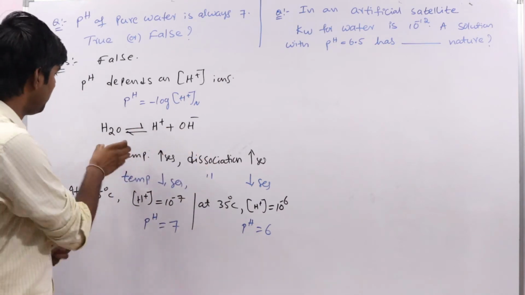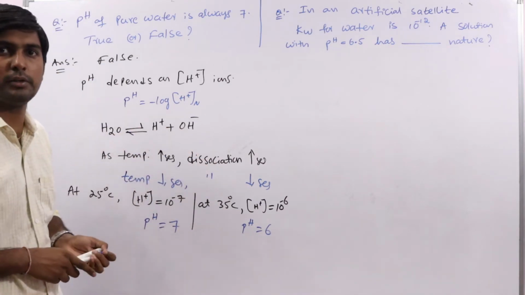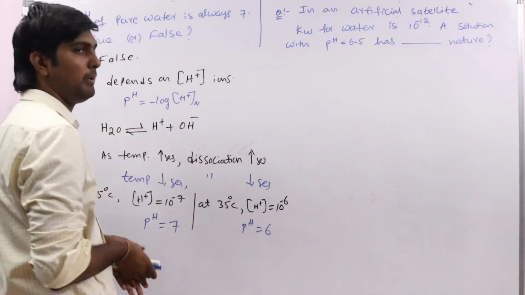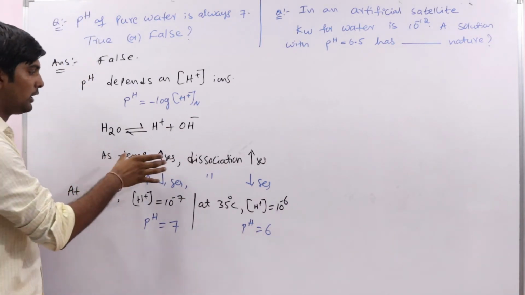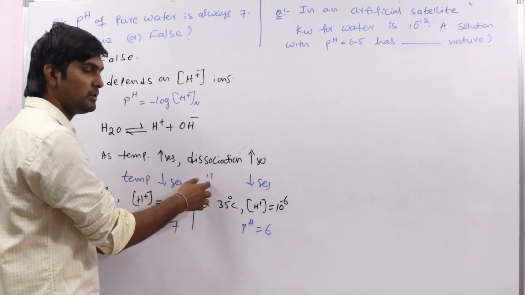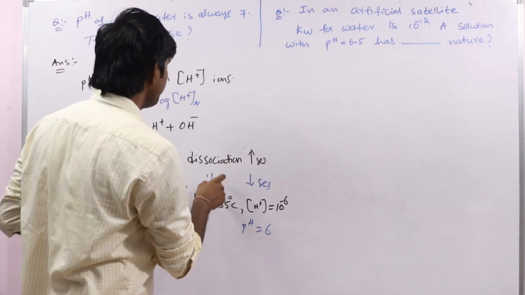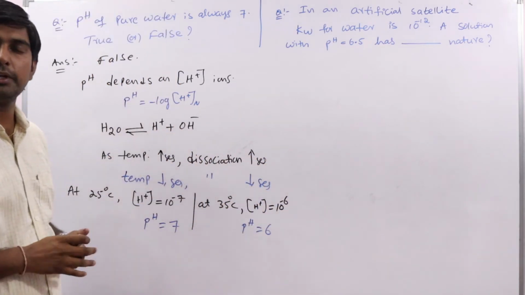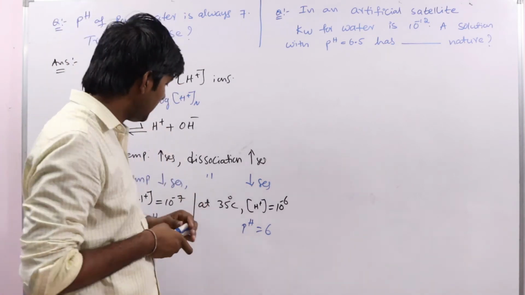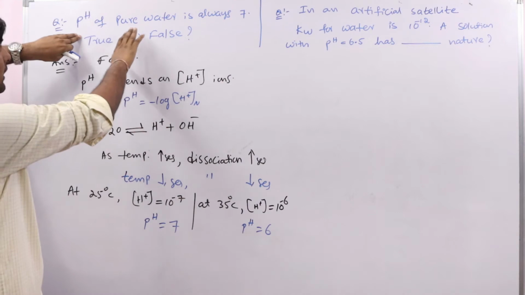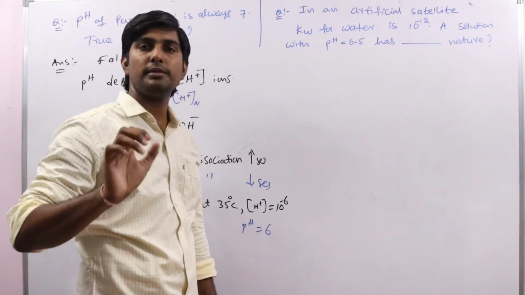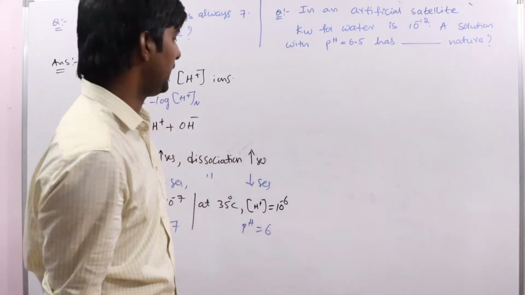At higher temperature more molecules undergo dissociation, more H plus ions, more OH minus ions. If temperature decreases, dissociation decreases, so the number of H plus and OH minus ions decreases. Clear? So this is very, very important. The pH of pure water is not always 7. That depends on the temperature.